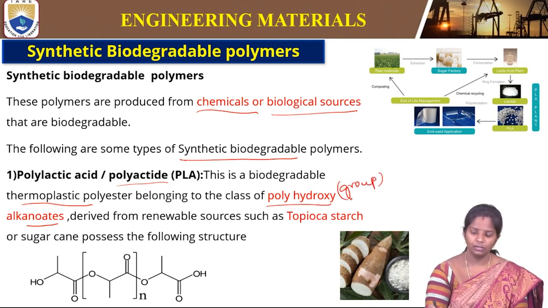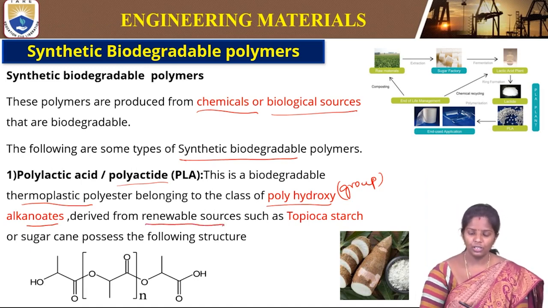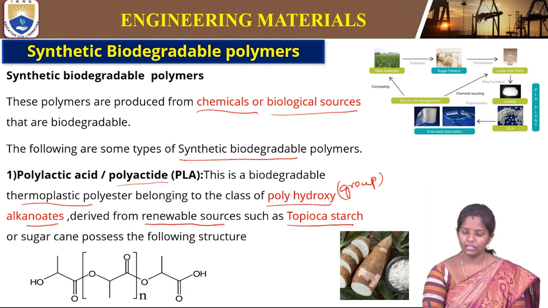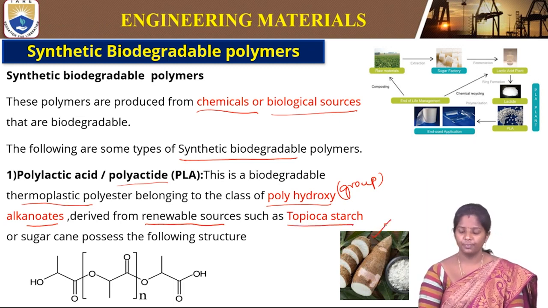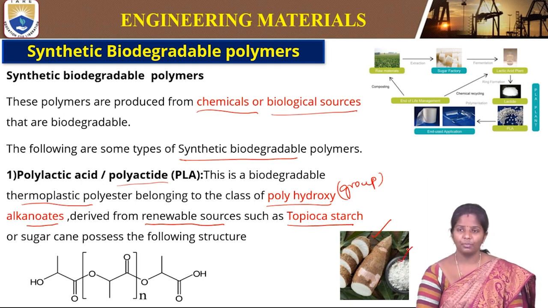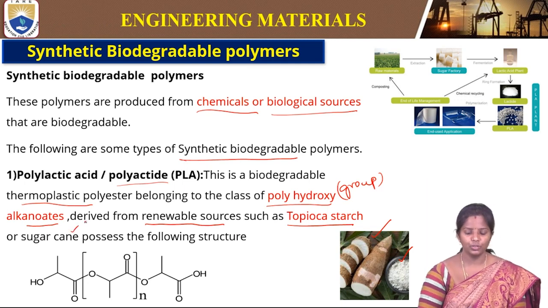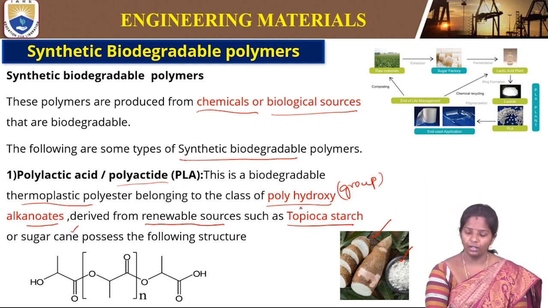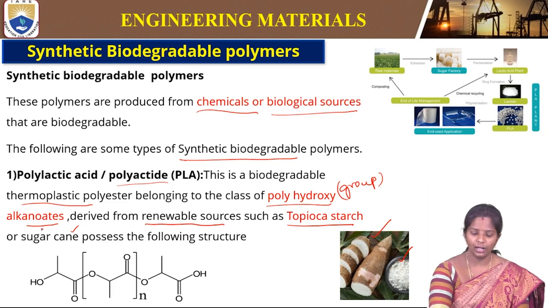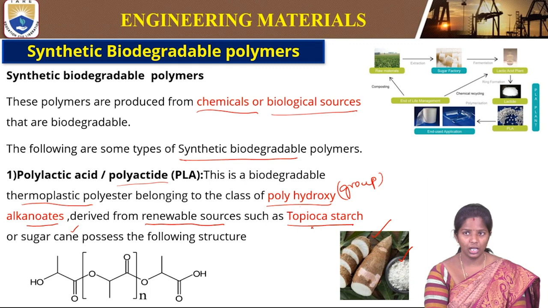It is derived from renewable sources such as tapioca starch, which is the starch obtained from the tapioca fruit, or sugarcane, and possesses the following structure. So it is obtained either from tapioca starch or sugarcane molasses.